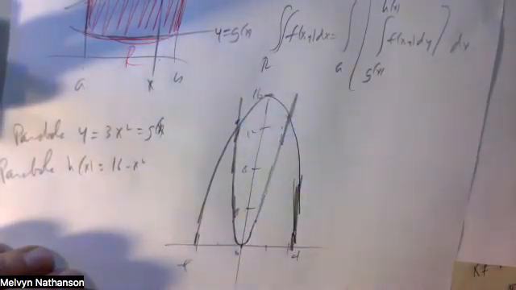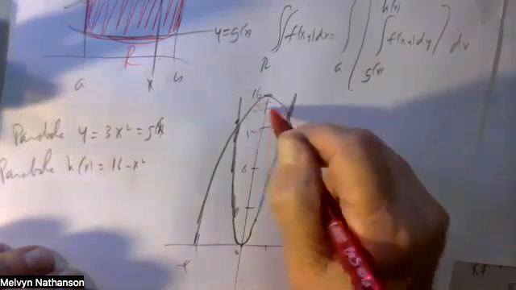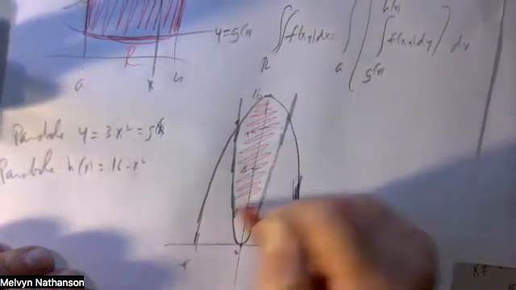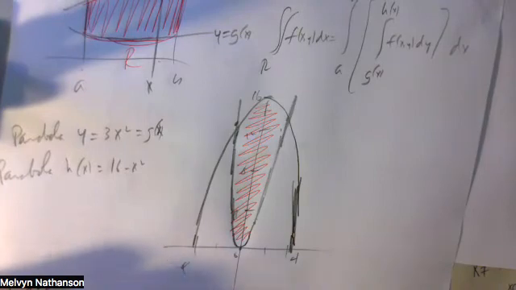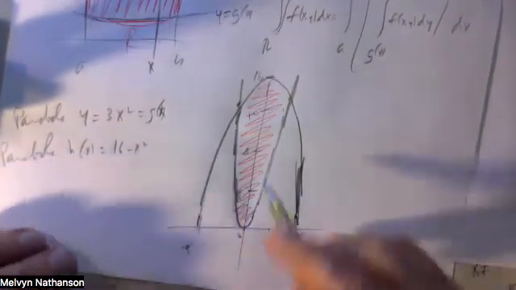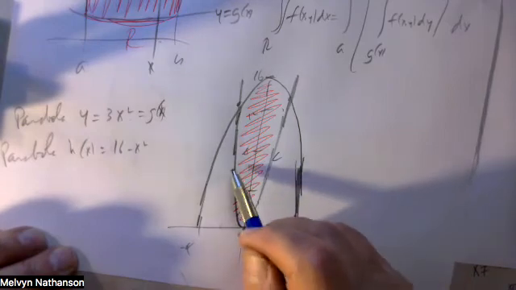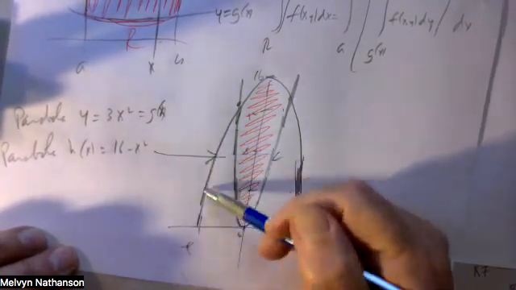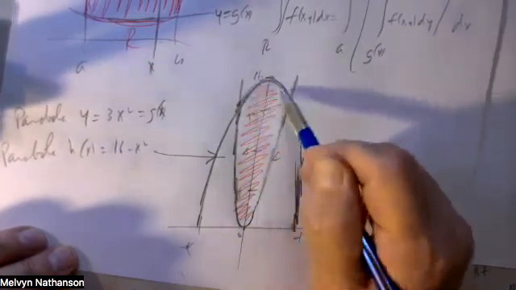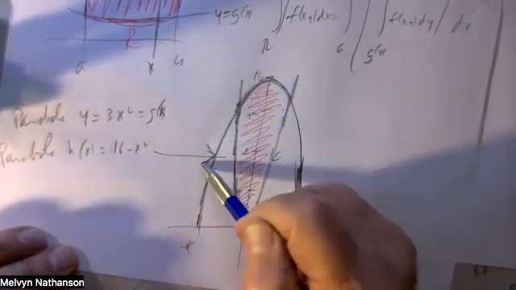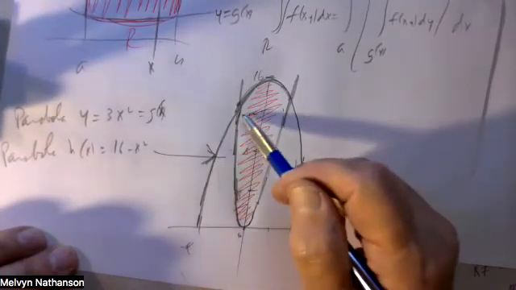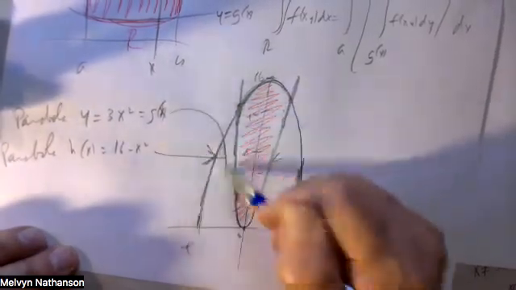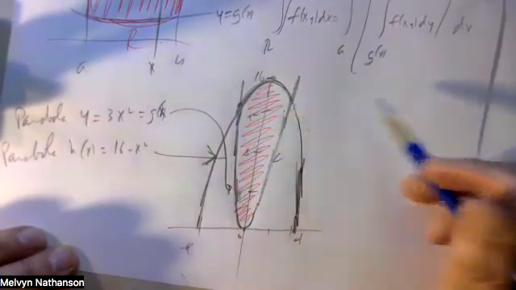And there's a region that's between the two parabolas, that's bounded by the parabolas. It's this region here. So how do we describe that region? It's bounded above by the curve 16 minus x squared. And it's bounded below by 3x squared.